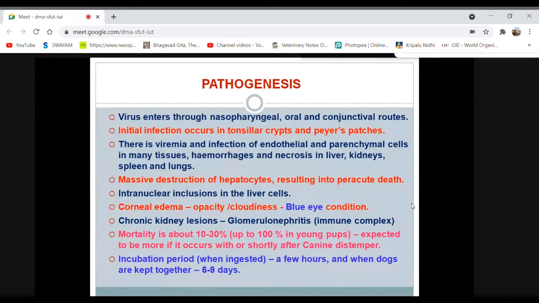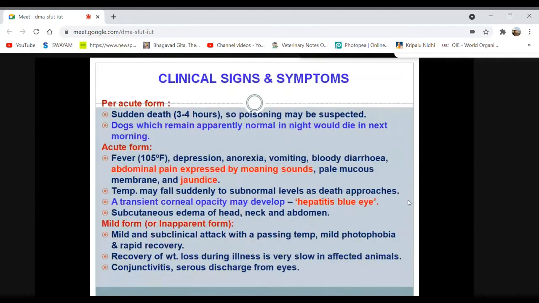That means if the dog has already suffered from canine distemper, followed by this infection, then the mortality would be more severe and the rate will be very high. The incubation period may differ: through ingestion, maybe within a few hours, or when the dogs are kept together through contact, it may be a little longer, 6 to 9 days.